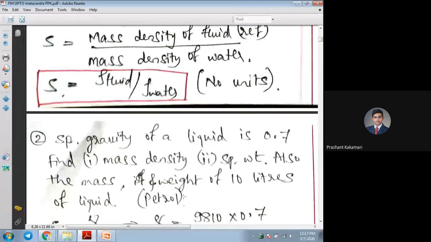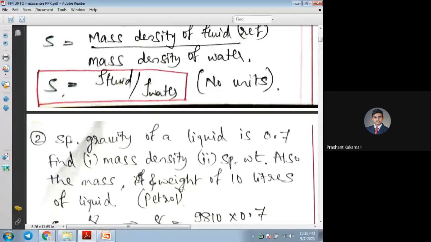So the first step is to write down the specific gravity relation. What is specific gravity? It is the mass density of the given liquid to the mass density of the standard liquid. Or I can write the weight density of the given fluid to the weight density of the standard liquid, water. That, as a definition or the relation, I can note down first.